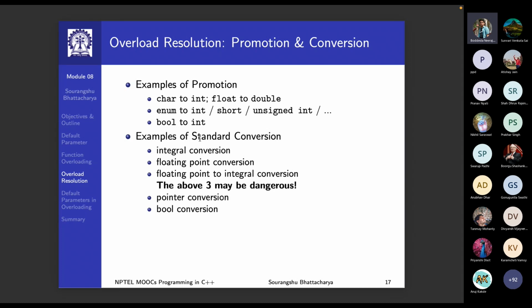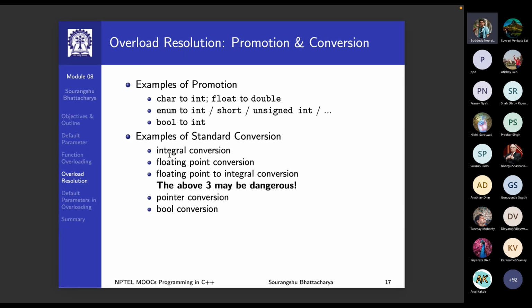So if a promotion is available, then the promotion will be taken. If promotions are also not available, then we will take the standard conversions. These are basically integral conversions, which is conversion from other types to integers.